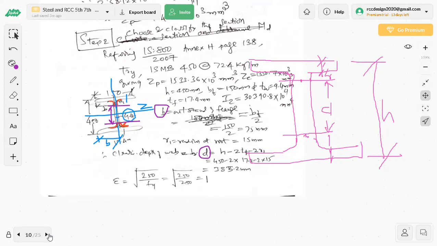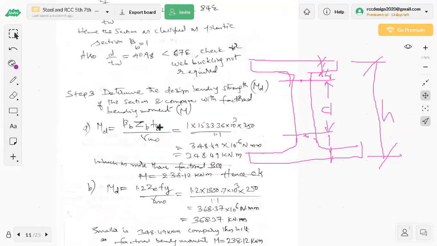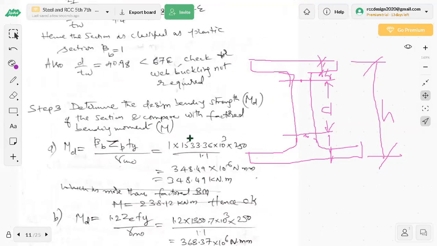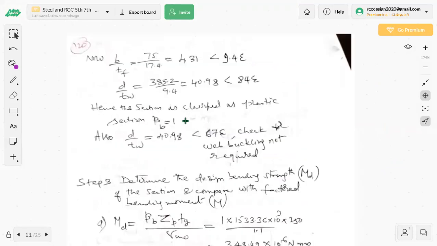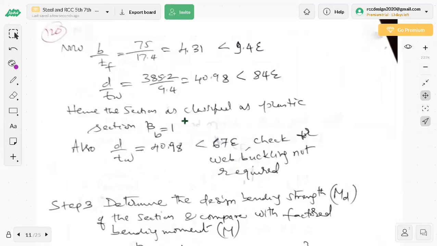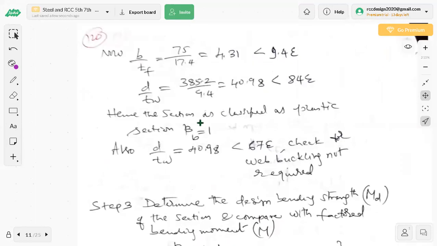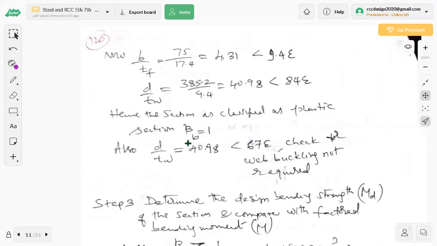Okay, I'll go to the next page here. Observe. You have to open the specific page. We have assumed the section is plastic and beta b was 1 we have used.